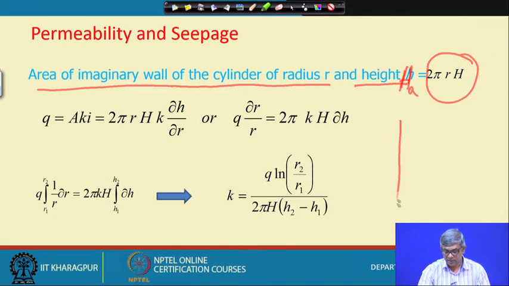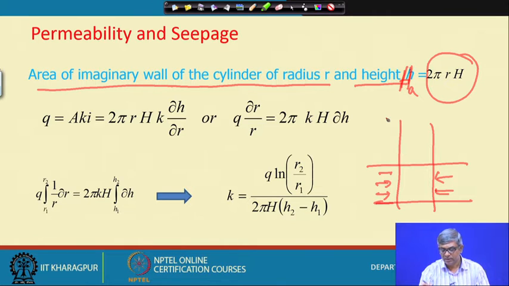The cylinder height may be any height, but I will take only this H A. So the area is 2 pi r H.